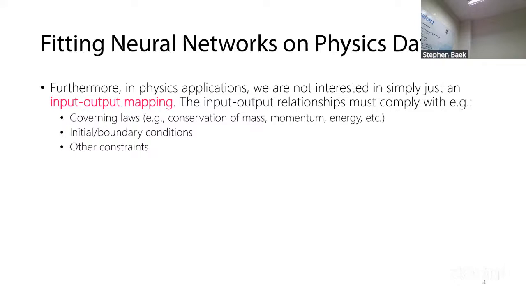So instead, for the applications that we're considering, we would like the model predictions to comply with governing laws, boundary conditions, and other physical constraints. That is our hope here. But we still don't know yet how to make neural networks work in that way.